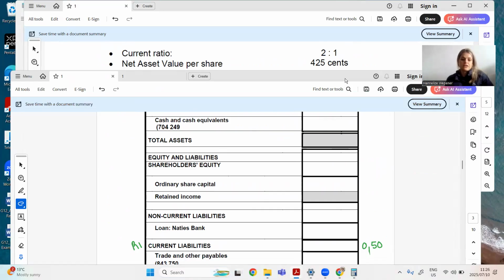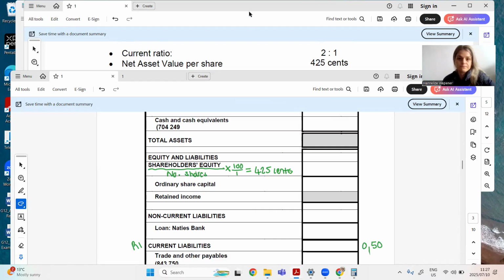So net asset value per share, how we calculate that is by taking our shareholders' equity and then we divide that by the number of shares in issue. Then we times it by 100 over 1 because we want to give that in cents. And that then gave us 425 cents. Okay, so we will use this at a later stage to most probably calculate shareholders' equity or the ordinary share capital, we shall see.